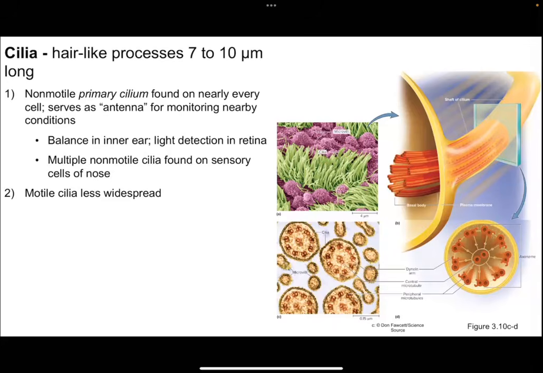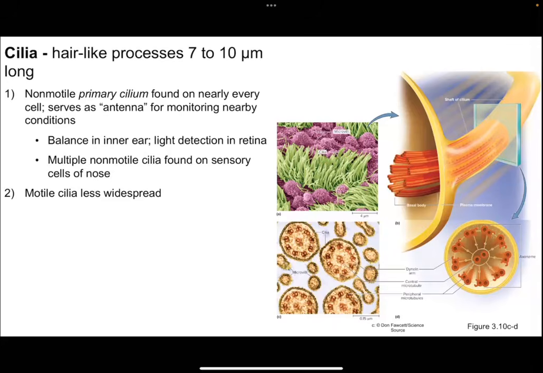You have fluid in there, and when you are moving, these cilia keep an eye, so to speak, on where the fluid is moving to help give you your balance. There are also some cilia that are not motile but detect differences in light, and those are found in your retina. There are also some found in the nose that help detect odors as the air goes past them.